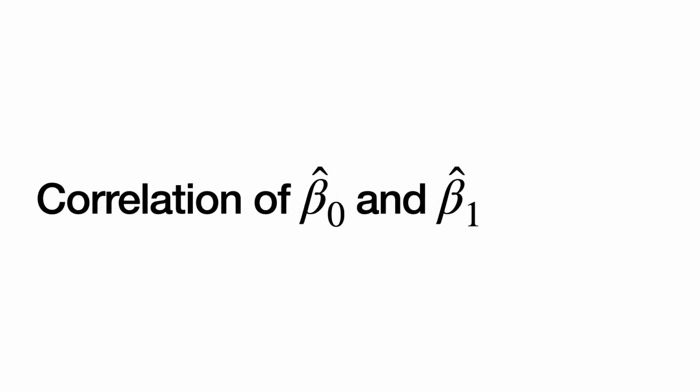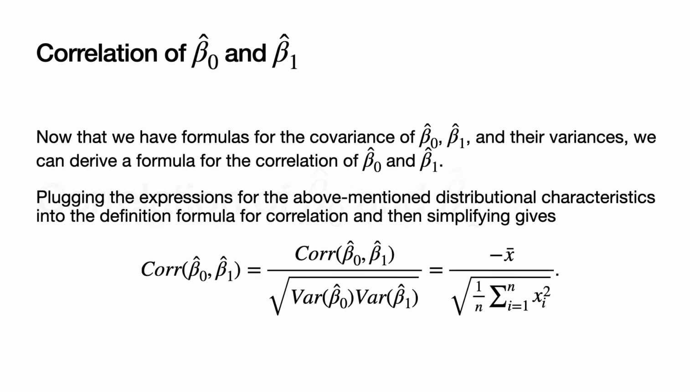Next, let's derive a formula for the correlation of beta 0 hat and beta 1 hat. Now that we have formulas for the covariance of beta 0 and beta 1 and their variances, we can derive a formula for the correlation of beta 0 hat and beta 1 hat. Now the formula for correlation was given back in our review of distribution theory back in Module 1.